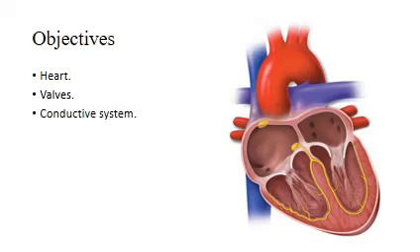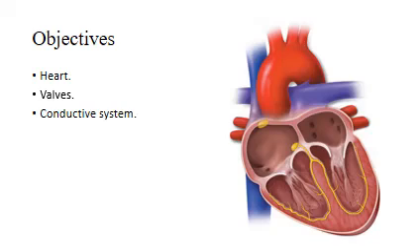So there is a special structure between the chambers of the heart. Those structures allow the unidirectional flow of the blood through the heart, and if we lose the competency of those structures, the valves, we may have a problem in the function of the heart.